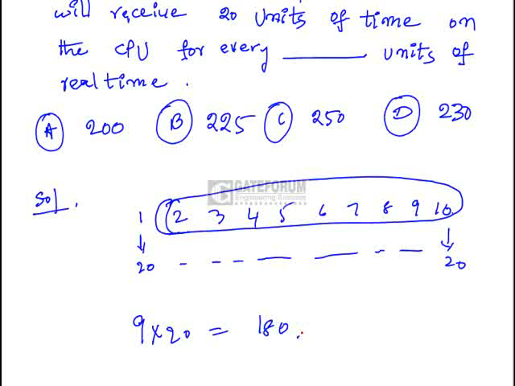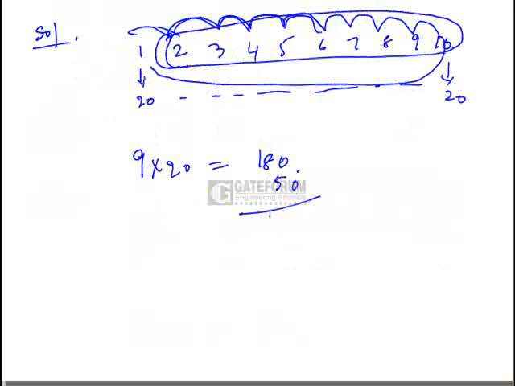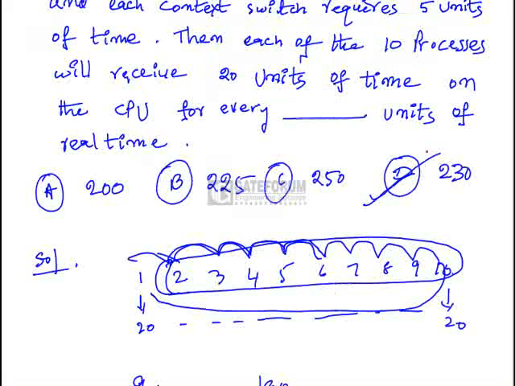So how many times do you have to switch to get back to the same process? 1 to 2 is one switch, 2 to 3 second, third, fourth, fifth, sixth, seventh, eighth, ninth, tenth. After 10 switches, we will come again to the same process. So 10 into 5, 50. So 180 is the execution time of 9 processes, 50 is the switching time. So it will be 230. So option D is the correct option here.